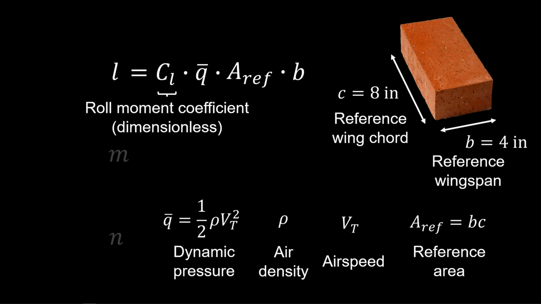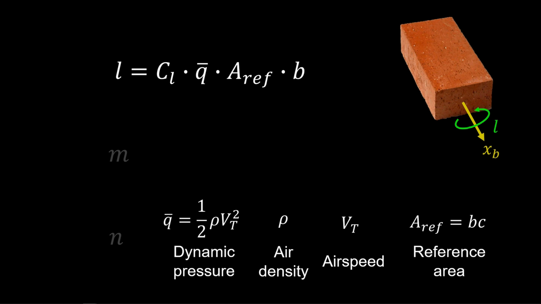That is, we have dimensional roll moment L as the coefficient of roll moment times a reference force, that is dynamic pressure times a reference area, times a moment arm, or roll moment coefficient times a reference moment, where these reference forces and moments characterize the energy in the airflow that hits the body.